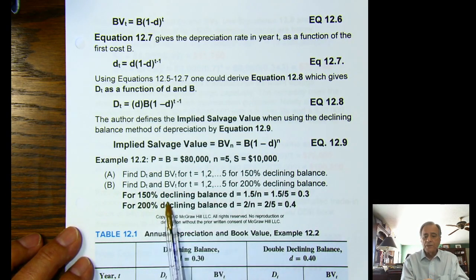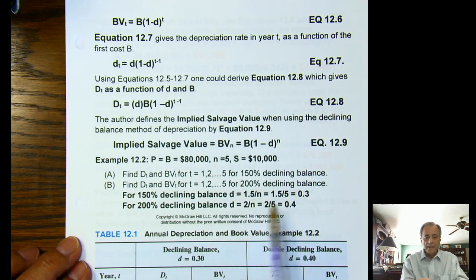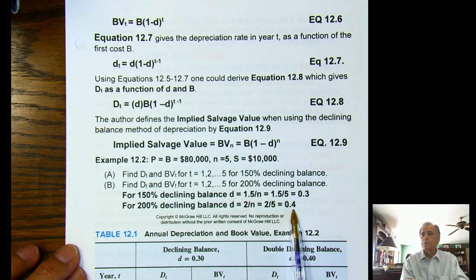So for 150% declining balance, little d in these formulas up here is 1.5 divided by n. N is 5, given in the statement up here. So 1.5 divided by 5 is 0.3. And then as part B, we're saying find the book value and the depreciation for each of the 5 years using this double rate declining balance, 200%, where d is equal to 2 over n, which would be 0.4.